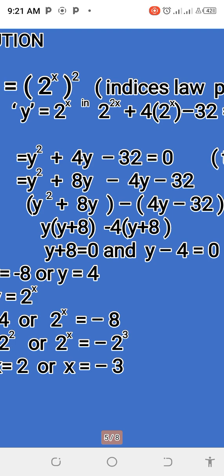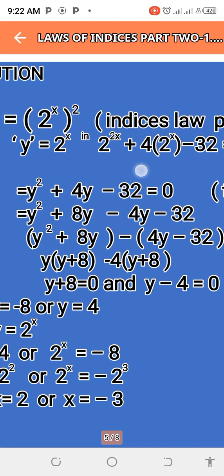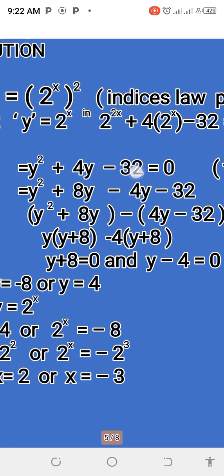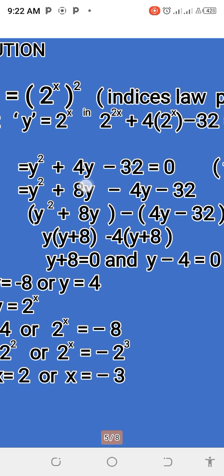When we multiply these two numbers, we have the result as 32. And when we add these two numbers, the result will give us plus 4. So 32 is the product of the numbers, and plus 4 is the sum of the numbers.